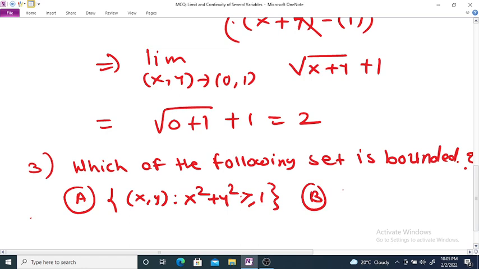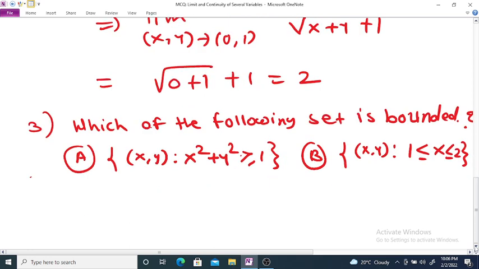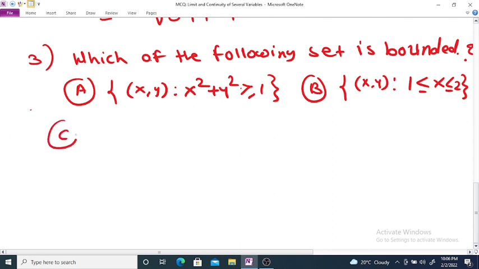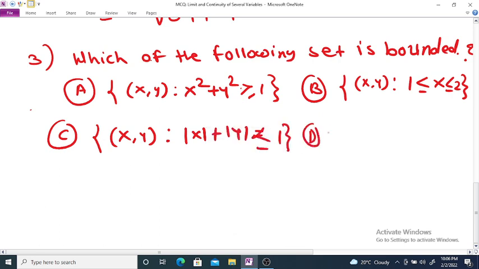Option B: the collection of all (x, y) such that 1 ≤ x < 2. Option C: the collection of all (x, y) such that |x| + |y| ≤ 1. And option D: the collection of all (x, y) such that |x| − |y| = 0.